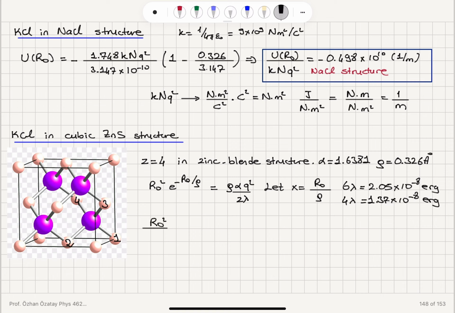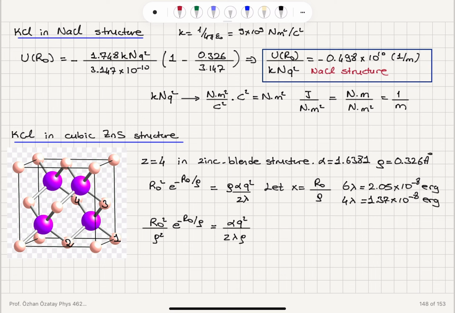So with that, we have r0 square divided by rho square e to the minus r0 over rho is equal to, so if I divide this by rho square, I will have alpha q square z divided by z lambda rho.